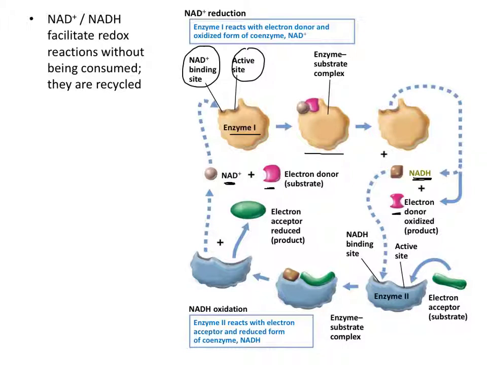That NADH is diffusible, and that's the point that these arrows are trying to make. The NADH can then diffuse to another cellular location, to another enzyme complex, and this would be enzyme 2 down here. The enzyme 2 has an NADH binding site and an active site, and the electron acceptor is binding to that active site.